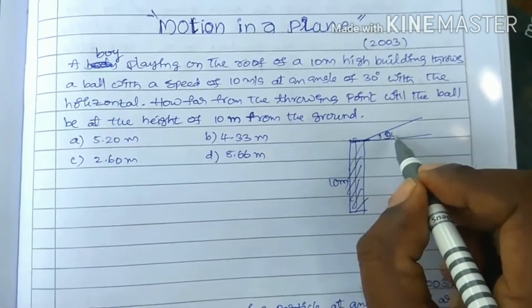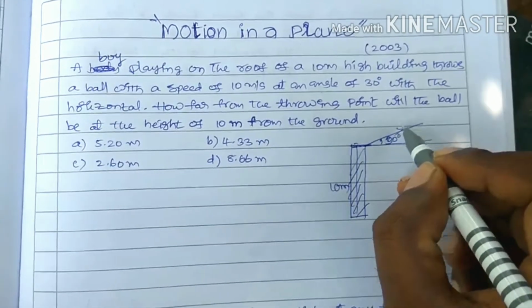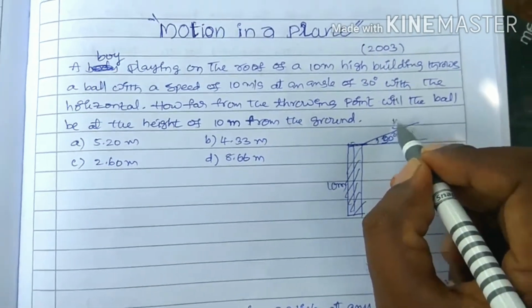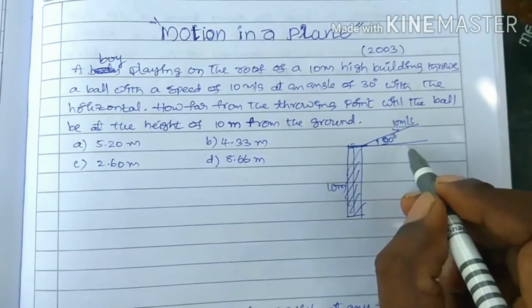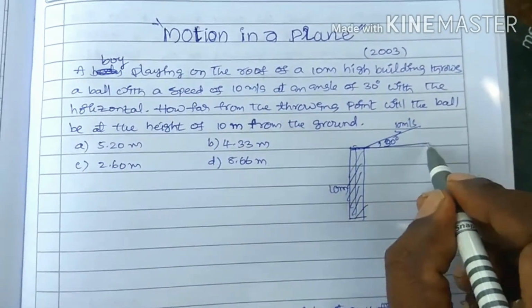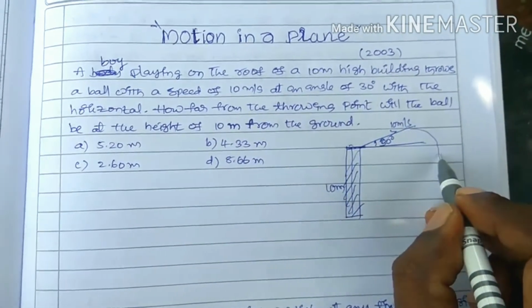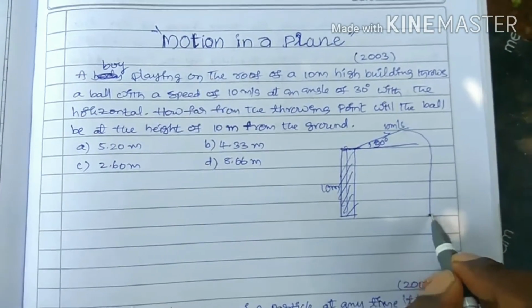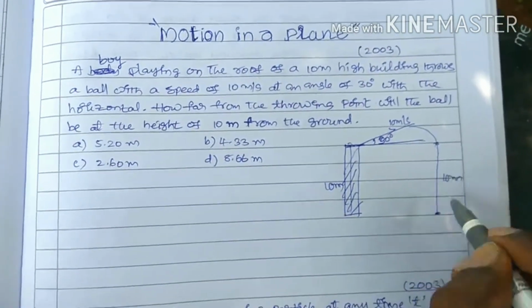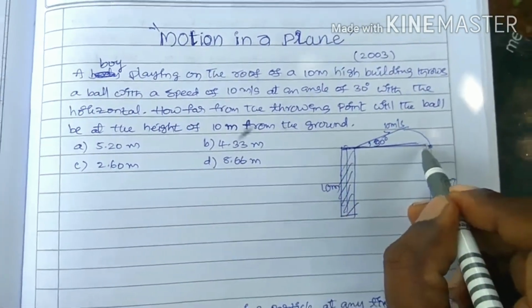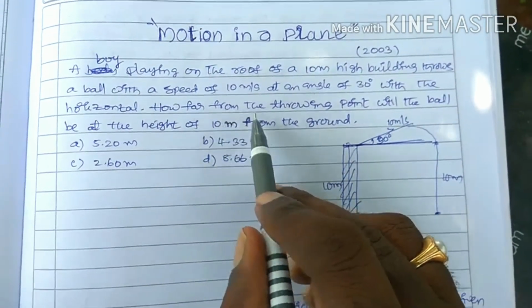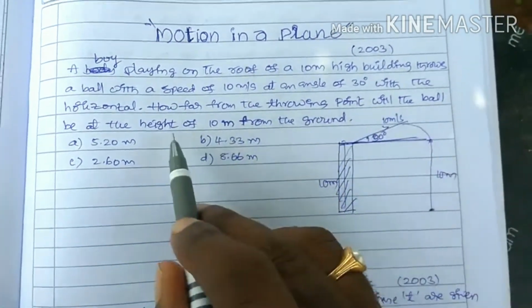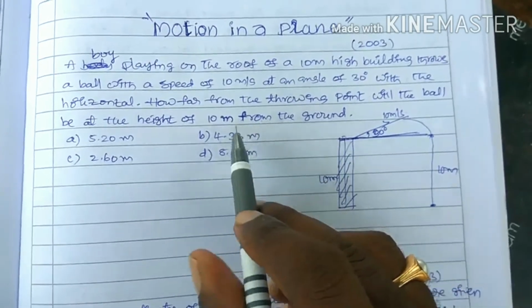It will fall in this direction, and here this is the 10 meters. How far from the throwing point will the ball be at the height of 10 meters?